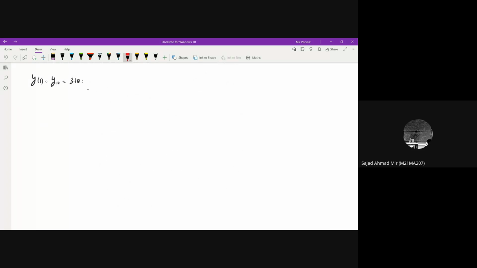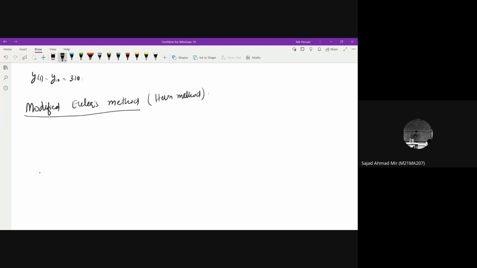Now there is another method called the modified Euler's method, or it's also called Heun's method. How is this method different from Euler's method?